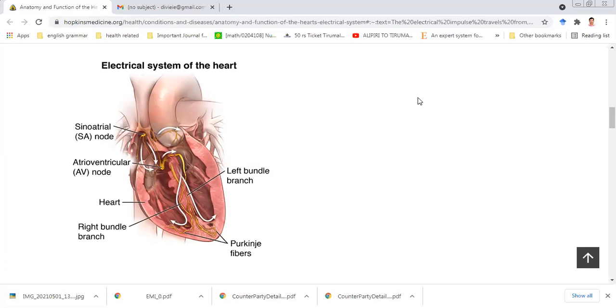Similarly, for diastolic pressure we have 60 to 90. Diastolic pressure means the minimum pressure. So we have the higher pressure and the minimum pressure, and the minimum pressure represents the low BP.